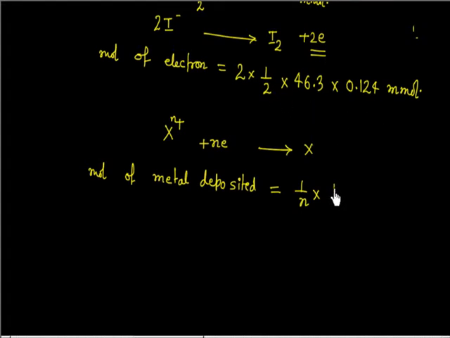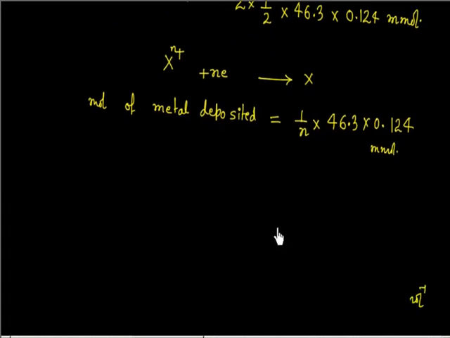So let us write 46.3, the 2 I have cancelled, so I will have 0.124, and this is in millimole. Are you getting? Now if I know the mole of metal, I can calculate the weight of the metal deposited.